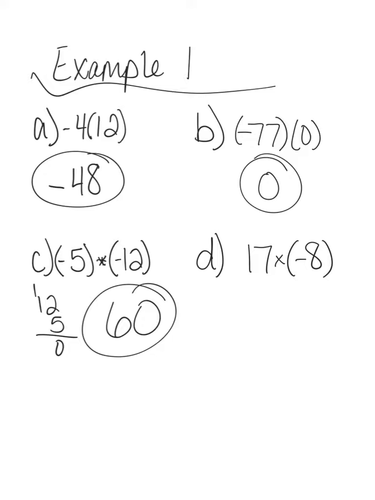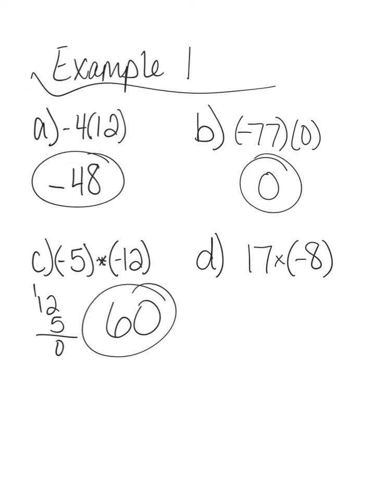And finally, D, 17 times -8. So again, looking back in part A, a negative times a positive was what we had in part A, and in part D we have 17, or positive times a negative here. And because of the commutative property, it doesn't matter if the negative is first or if it's last.